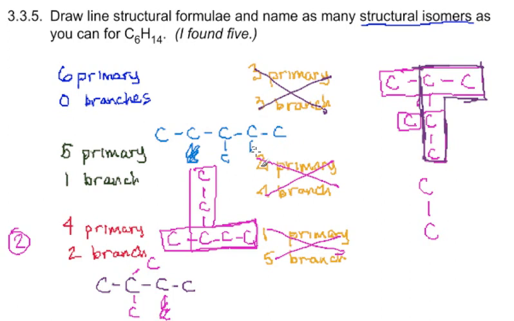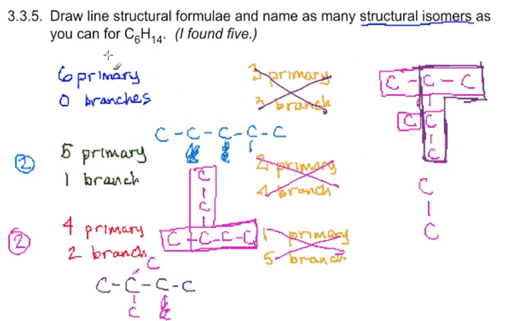Or could we put it here? Not so much. If we put it here, you might be thinking 4-methylpentane, but we should start counting from the right end now to keep our numbers lower. That just gives you 2-methylpentane again. So I think we get 2 more viable options from that. And I don't think there are any more possibilities with 5 and 1.